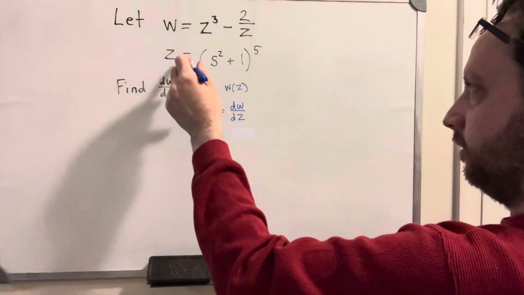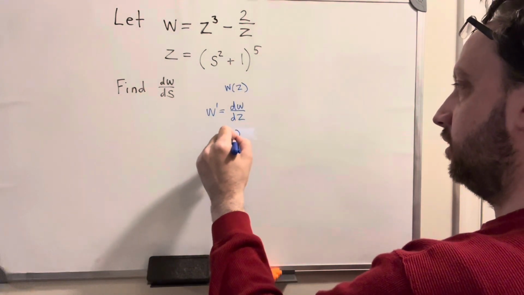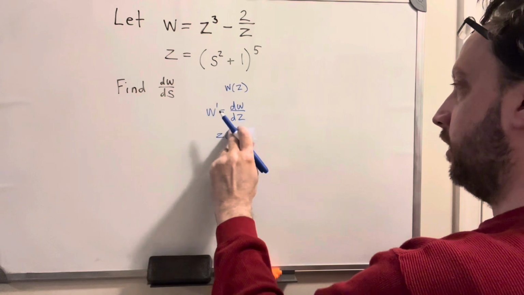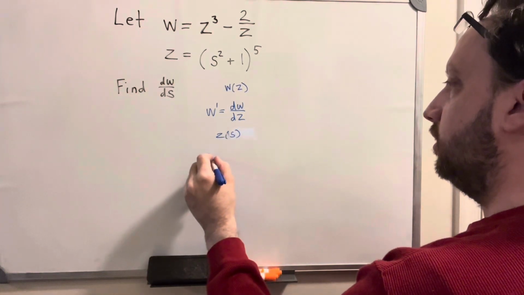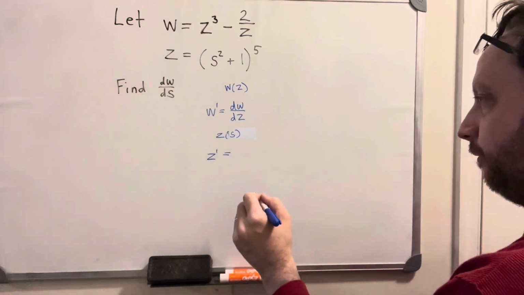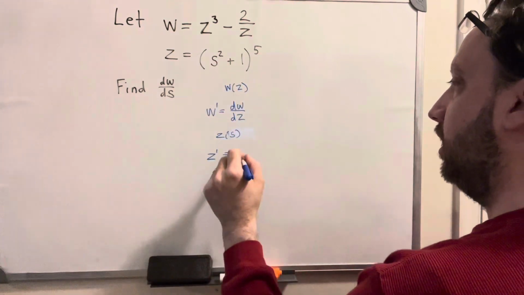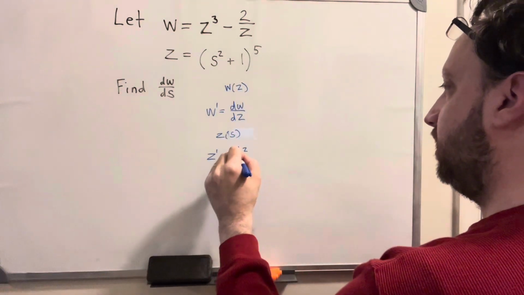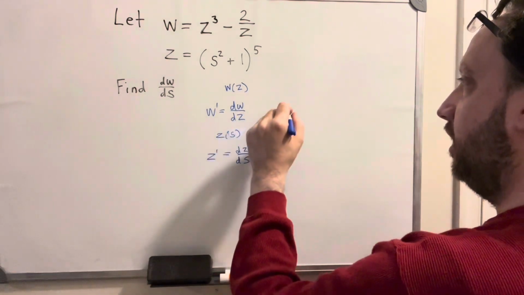Now, this is a function z of s. So if we differentiate z with respect to s, that would be dz/ds.